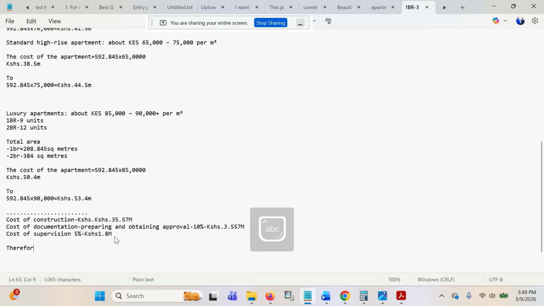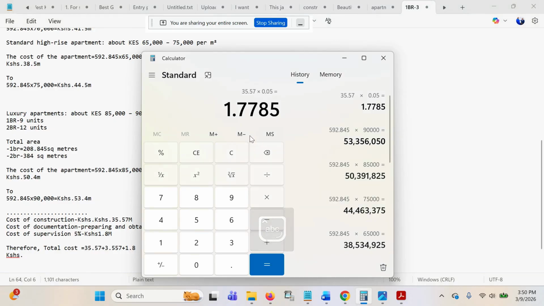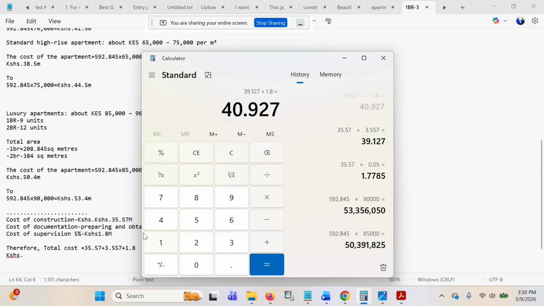Therefore, the total cost will be 35.57 plus 3.557 plus 1.8.